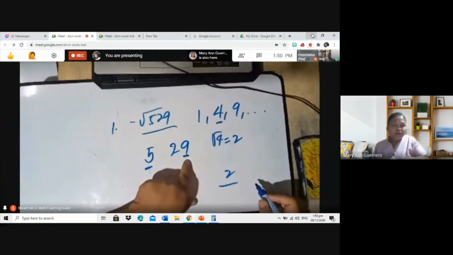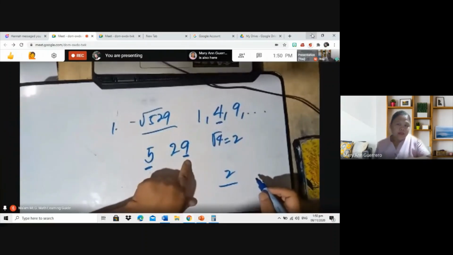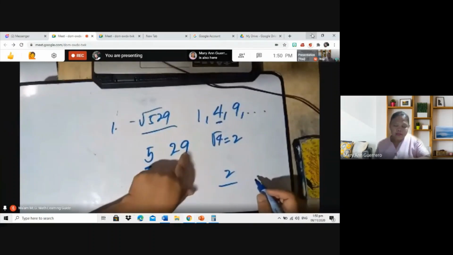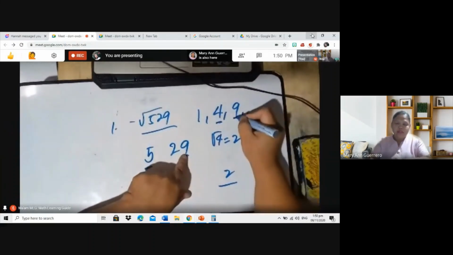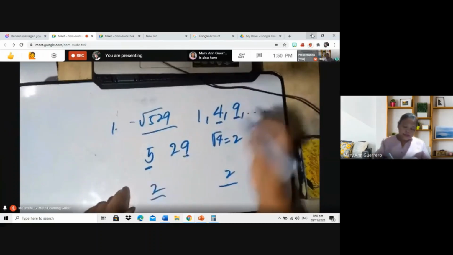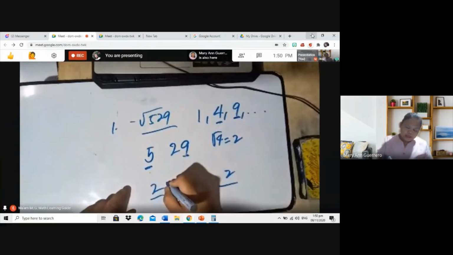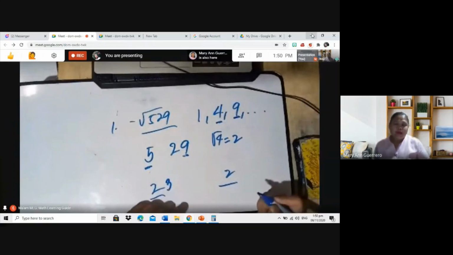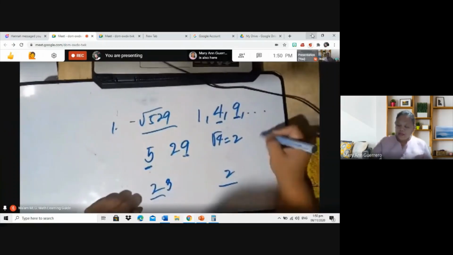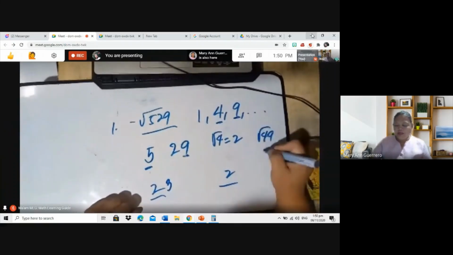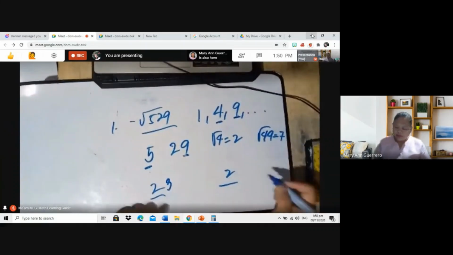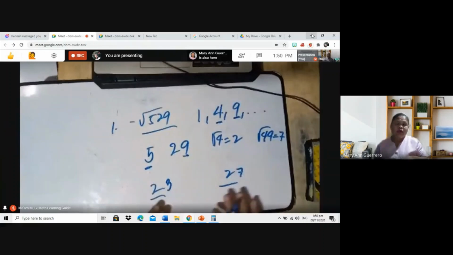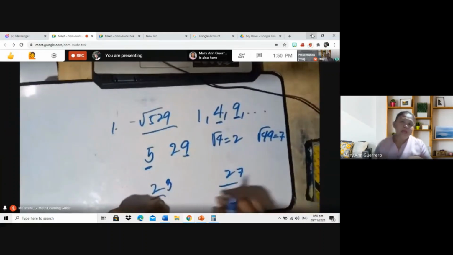So, ano yung number na pag in-square natin ay ang dulo ay 9? So, square root of 9 is 3. Okay, 3. Ano pa? 49. Diba? Square root ni 49 ay 7. Okay, 7.